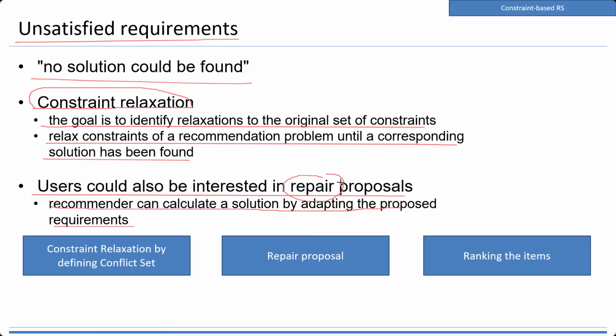So if the proposal has been repaired, then we can have another solution. Or the other option is ranking the items. So if there is no solution, then we just rank the highest or the nearest to the requirement: this is number 1, this is number 2, this is number 3, for example.